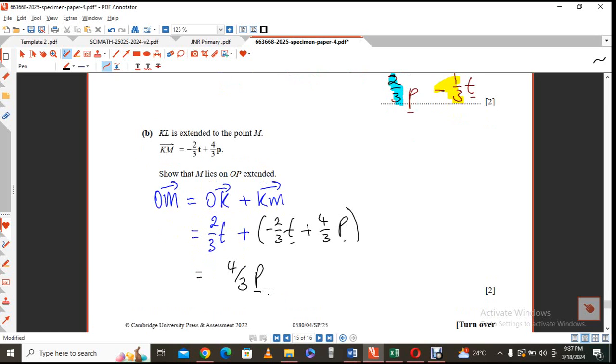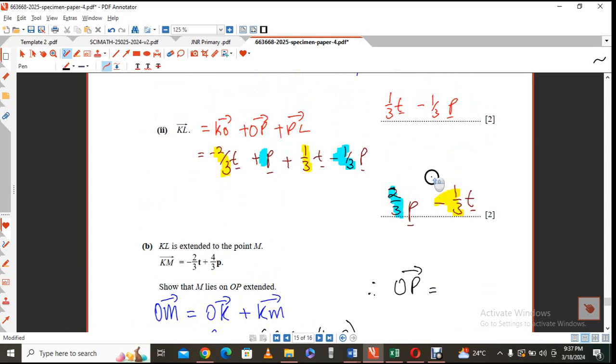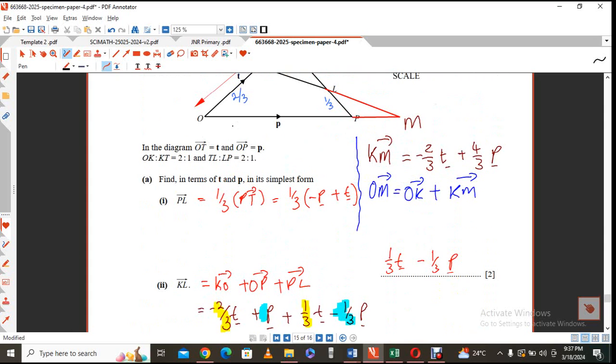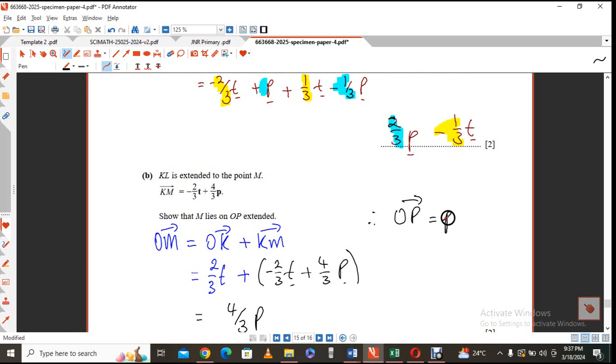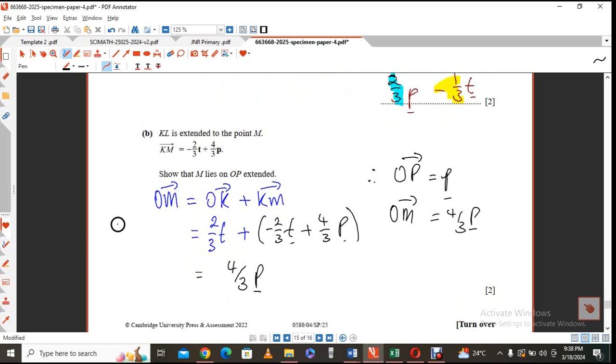What do I know? I know that from my diagram, OP is nothing but P. And if that is the case, that this distance over here, OP, is represented by P, and OM is 4/3P, then you can conclude that OM is a multiple. And I'm just going to write that down somewhere here.